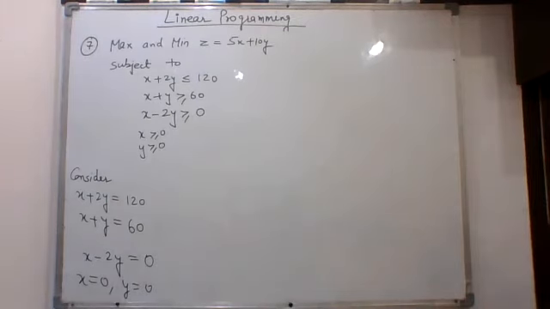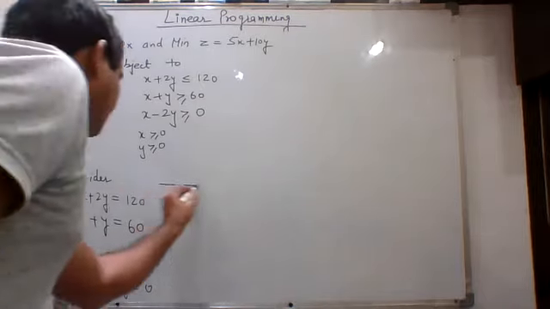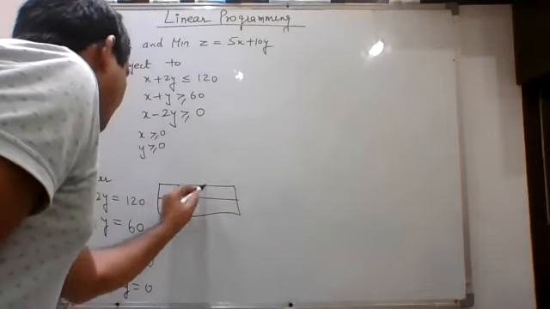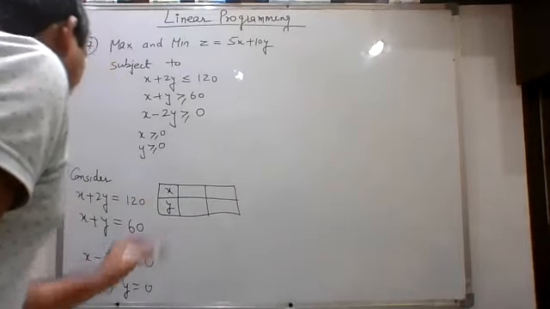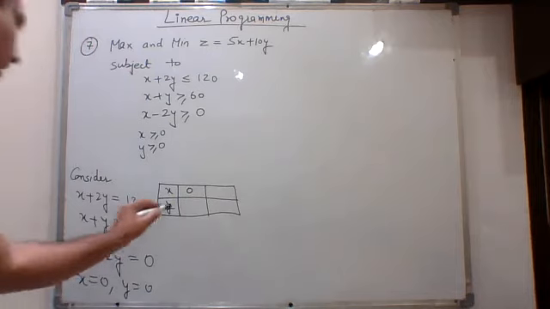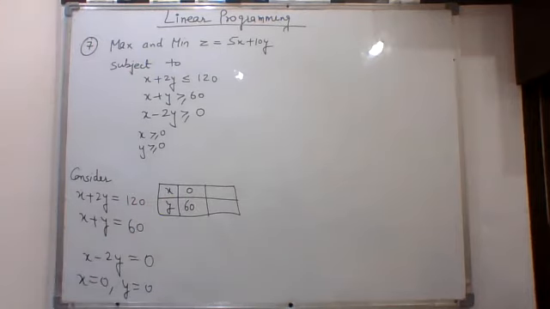Okay, so here we will draw a table for these lines because we want to plot them. The table for the first line will be x, y. If we take x is equal to 0 in this one, then you can see that your y will be equal to 60.